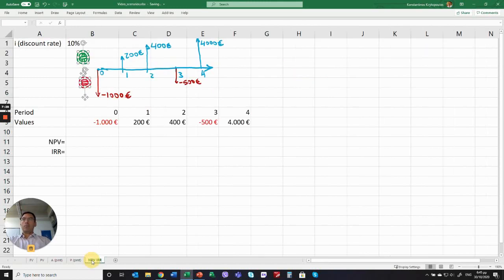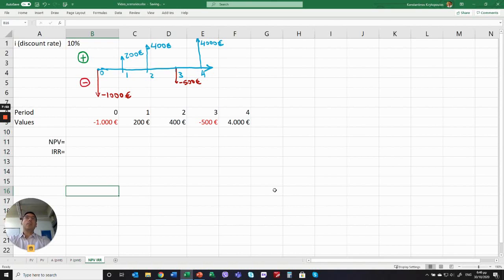Obviously, the most useful function in Excel when I'm analyzing investments is the net present value. So assume that I have this kind of investment where initially in year 0, or period 0, I need to invest 1,000 euros, and if I do that, I'm going to have a payment of 200 euros the first year, 400 euros the second year.